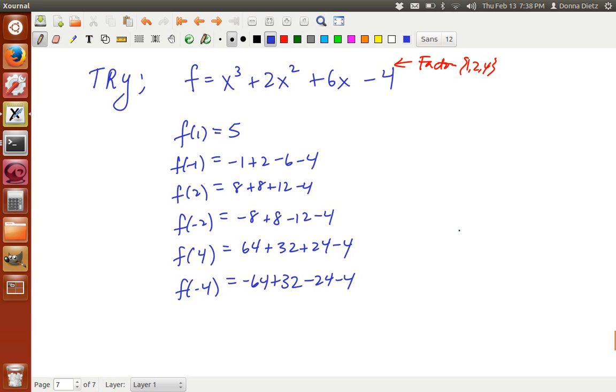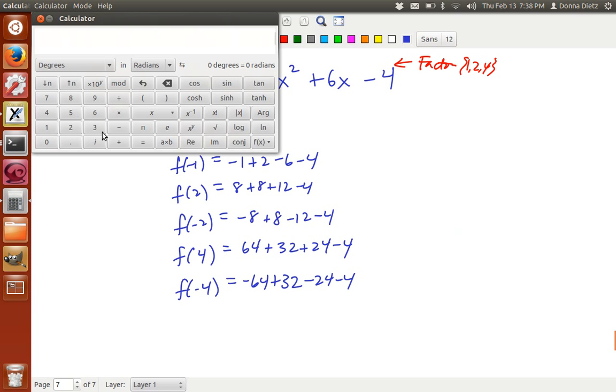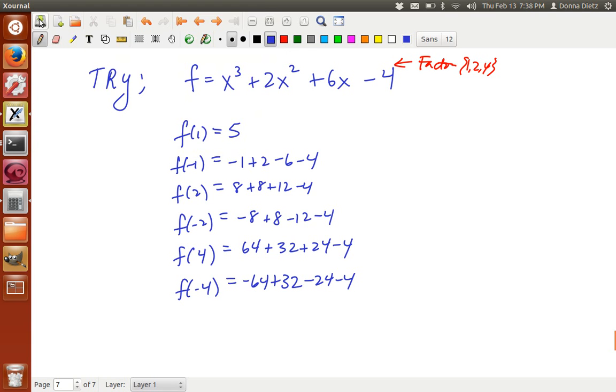Let's just go ahead and try this. Try adding this up, because I would like to have a 0 here. No, it's -60. I'm so sorry. Nothing I can do about that. Alright, so what it tells you is this polynomial has no rational roots. That's it.